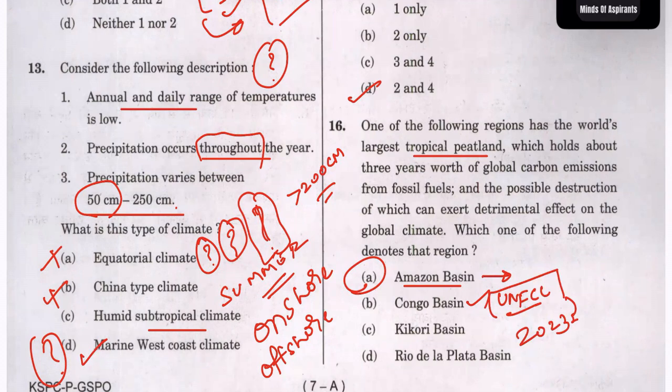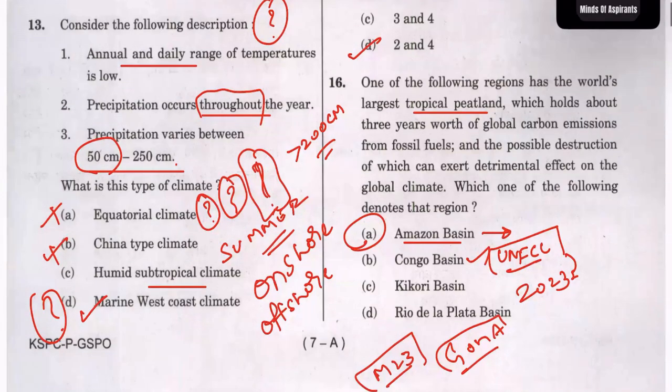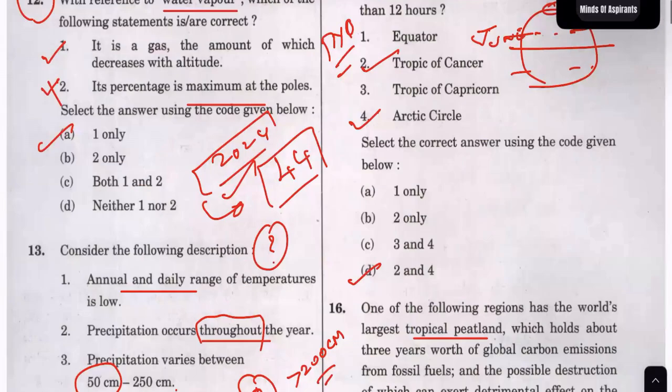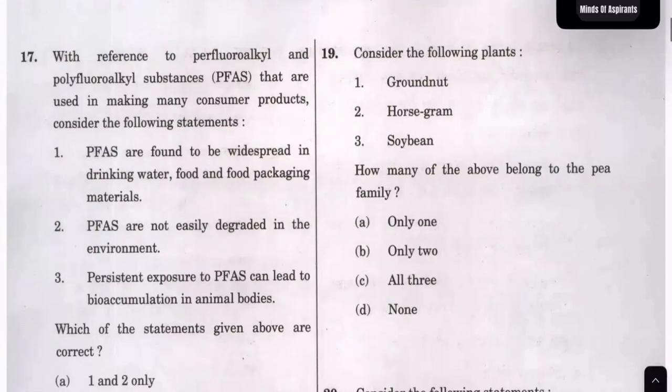Even today, M23 rebels have taken over a place called Goma. These kinds of activities and other things are destroying this. That's why this was in the news. But it's a tough question. Somebody could have taken Amazon basin or something. So I'm not going to take that as a question which I would put in the easier part.